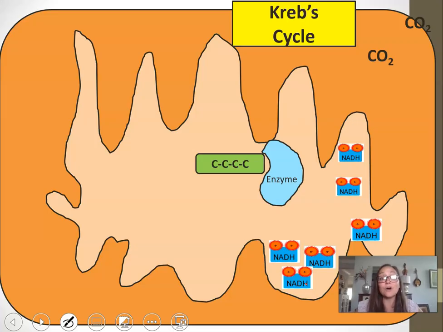Now, why I think this is beautiful is because while we're using glucose as our example to teach this, we also burn through fat in the same way. So our fatty acids that we store actually are broken down and oxidized during this citric acid cycle. So if a person loses 10 pounds and you wonder, if you think about the conservation of mass, like mass isn't created or destroyed.